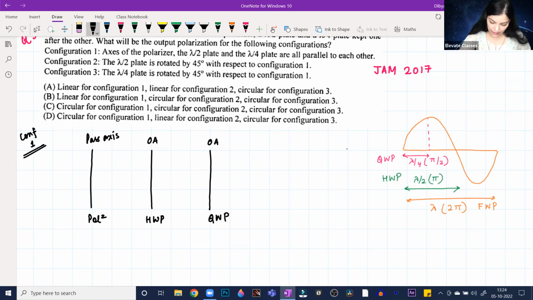Now what is in the input? I have an unpolarized light. After passing through the polarizer, I will get light polarized parallel to the pass axis. Then the input is parallel to the optic axis of the half wave plate, so there will be no birefringence, no double refraction, and I will get exactly the same as the input. Then again I have a quarter wave plate, but the light is again parallel to the optic axis, so there would be no double refraction.